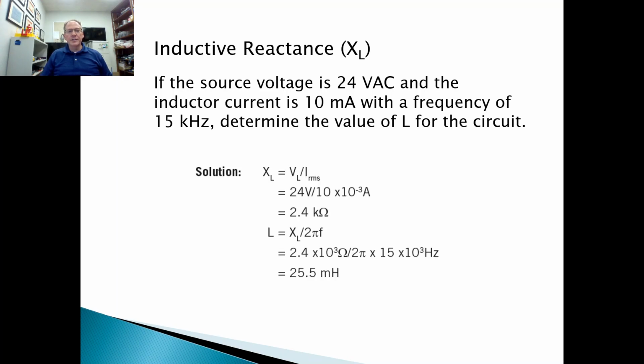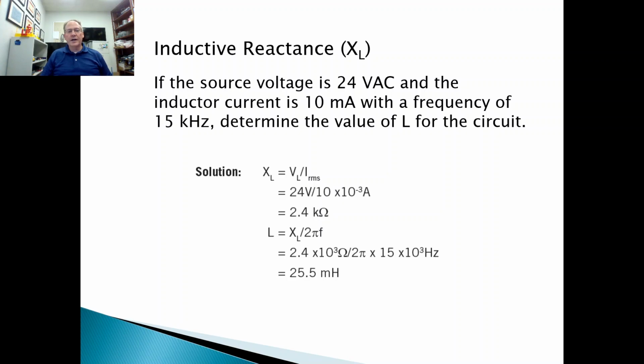So the first thing you want to do is figure out the inductive reactance, which is VL over I RMS, is 2.4 kilohms, and then solve for the inductance where XL equals L times 2 pi F, 2 pi frequency.